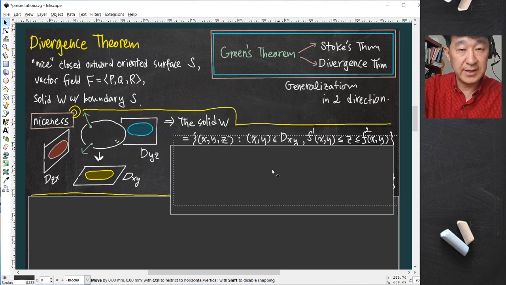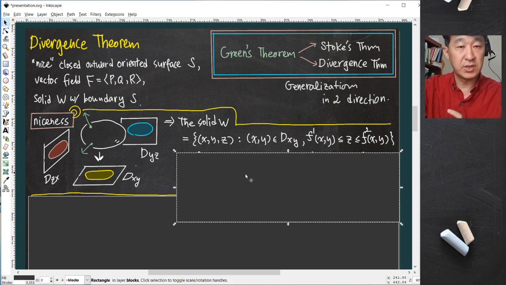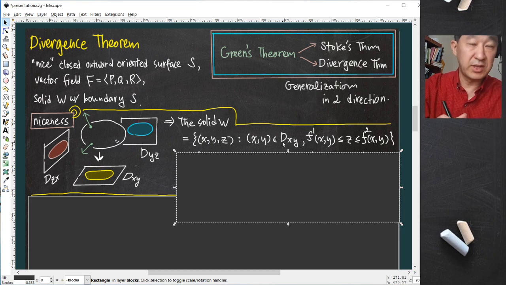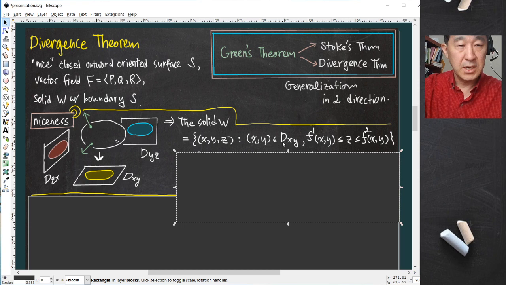So you can write that mathematically like this. All the points in the solid projected down to the xy plane must form this nice region so that we can apply Green's theorem to that. That's one thing. And over each point, there is a lower bound and an upper bound.